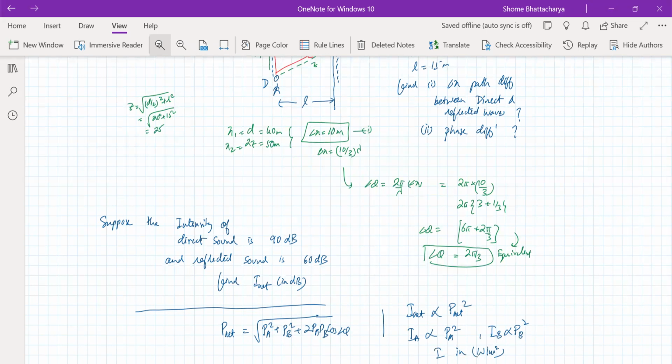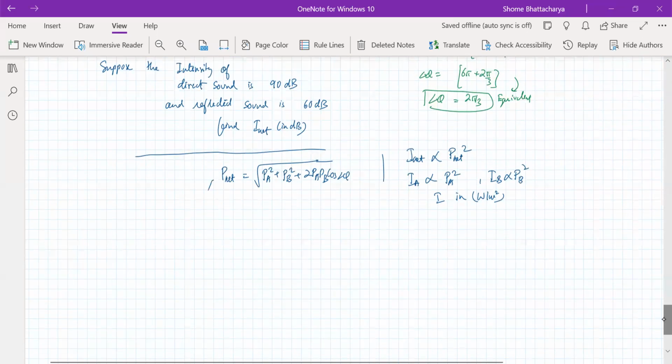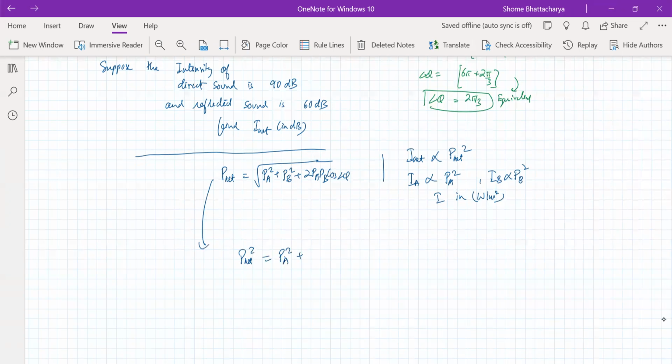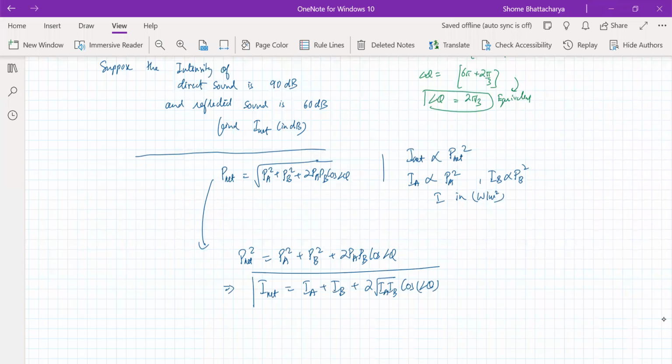This formula that we have written for net amplitude can now be converted to a formula for net intensity. If we square this, P net square is equal to PA square plus PB square plus 2PA PB cos delta phi. So we have the net intensity equal to this. This becomes a very important formula, not only in sound, but later in wave optics also. But here also intensity is in watts per meter square.